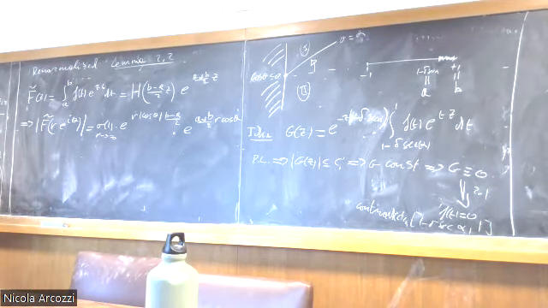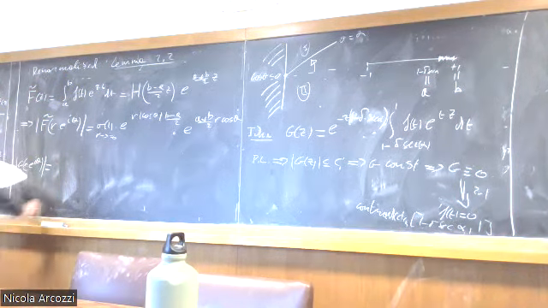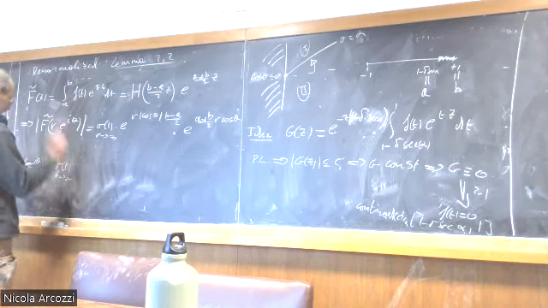For our function, we have that G of r e to the i theta is equal to, okay, we have the middle of 1 and r.